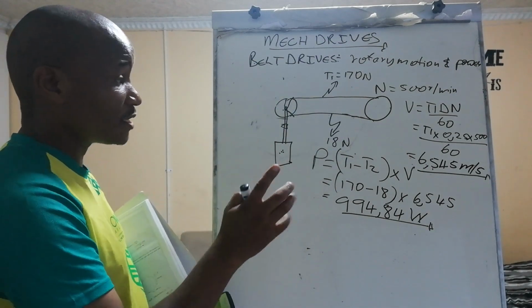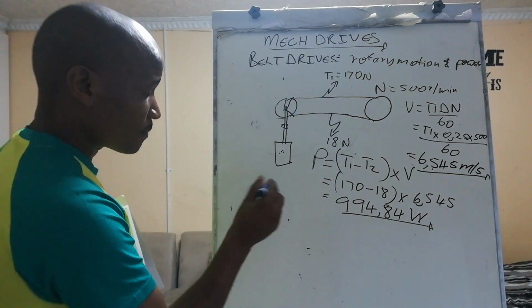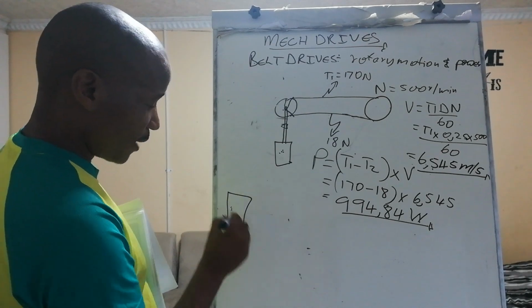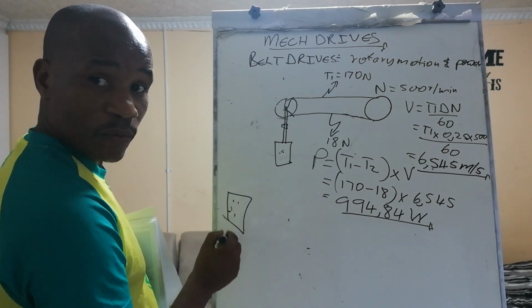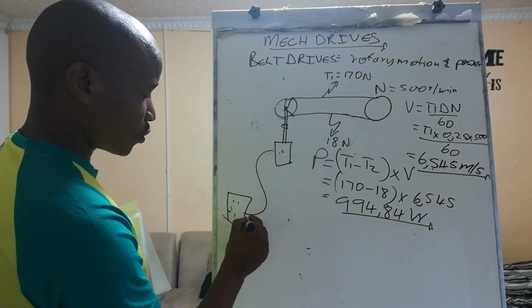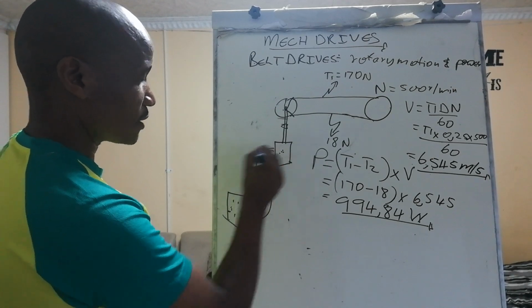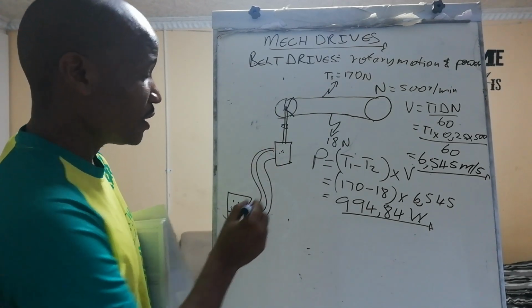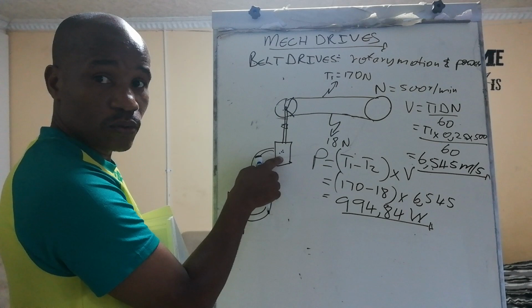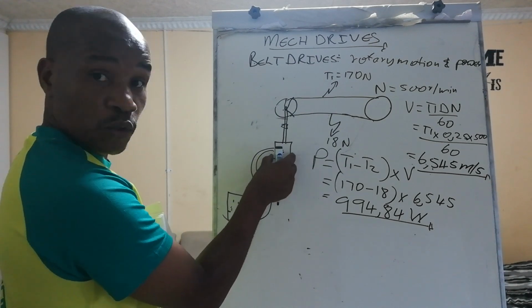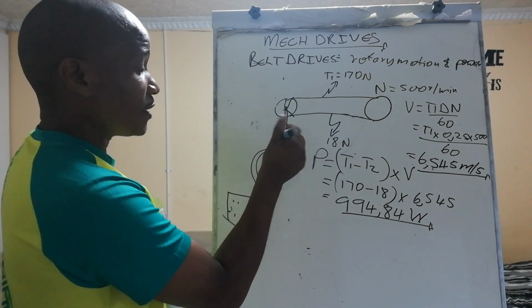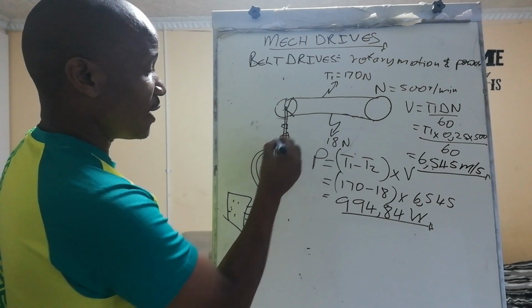But there is a catch. Let me just tell you one thing. If you've got the supply here, the galley box, it will supply that motor with 3-phase wires. The 3-phase system supplies an induction motor. This is the input to the motor, and then we've got an output there.